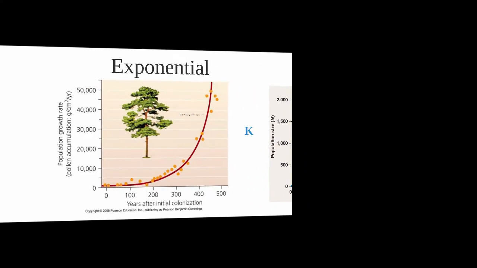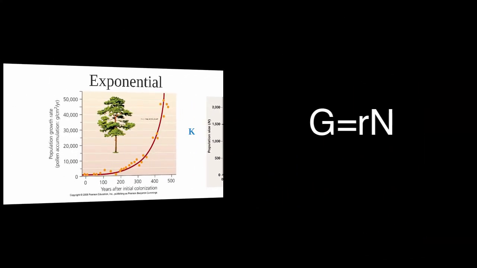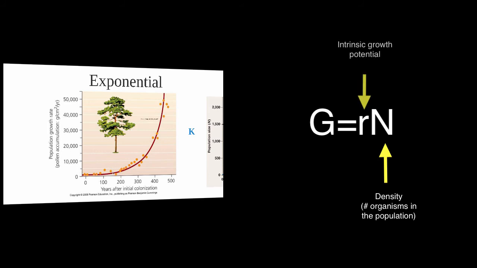This is actually the derivative of the exponential growth equation if you're familiar with calculus. And what it says is that the rate of change in a population's growth is determined by its population density, which means that large populations grow more rapidly than small populations. And it's also a function of this intrinsic growth value called R.